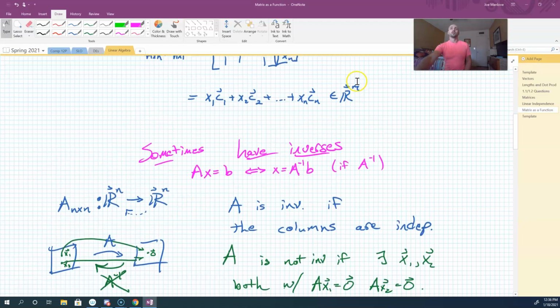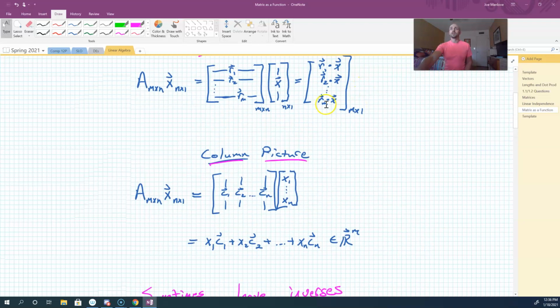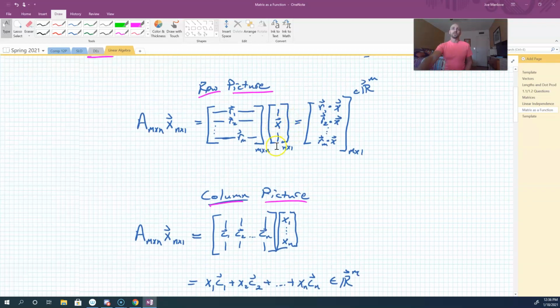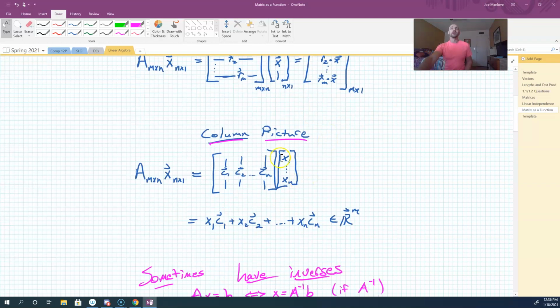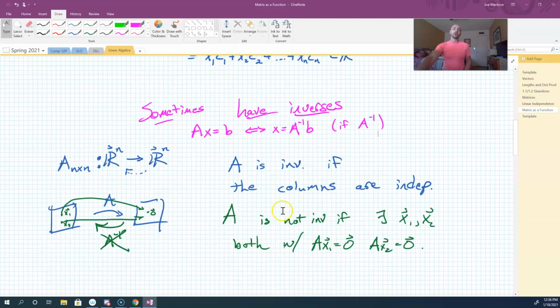I can see pretty clearly from both of these that if I put 0 in for the x's, the dot product is going to be 0 for each of these. We could see it from here too, in that if I put 0 in for the x's, all these are going to be 0 vectors added together. So the 0 vector maps to the 0 vector.